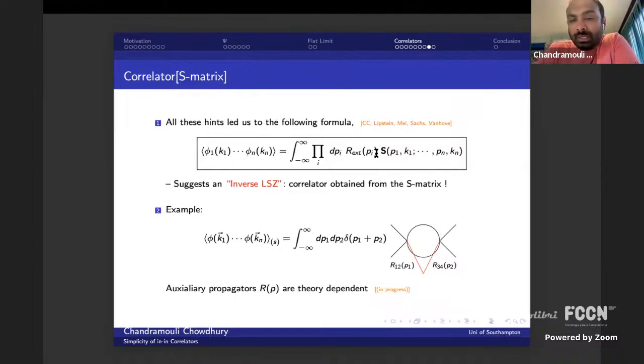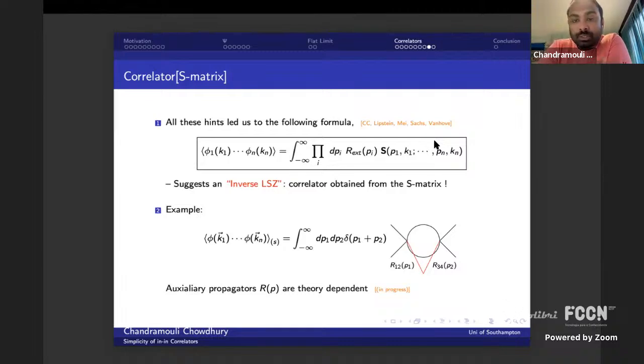And you attach what I'd call auxiliary propagators, and you integrate over them. So this is the integral transform that I talked about at the very beginning. You take an S matrix and perform an integral transform of that object, and that leads to the in-in correlator. So this suggests an inverse LSZ formula where you're obtaining a correlation function from the S matrix.